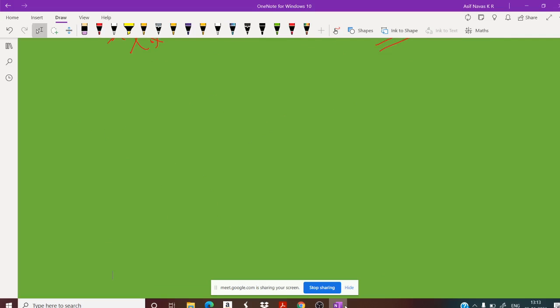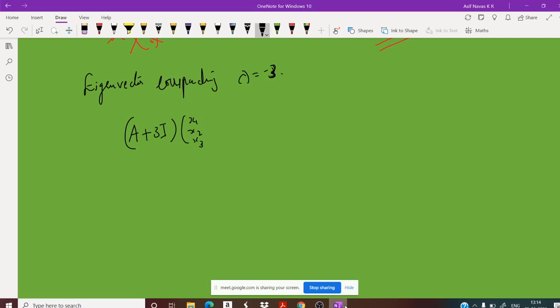Now you find out the eigenvector corresponding to eigenvalue lambda is equal to minus 3. So that is A plus 3I into x1, x2, x3 is equal to 0 0 0.